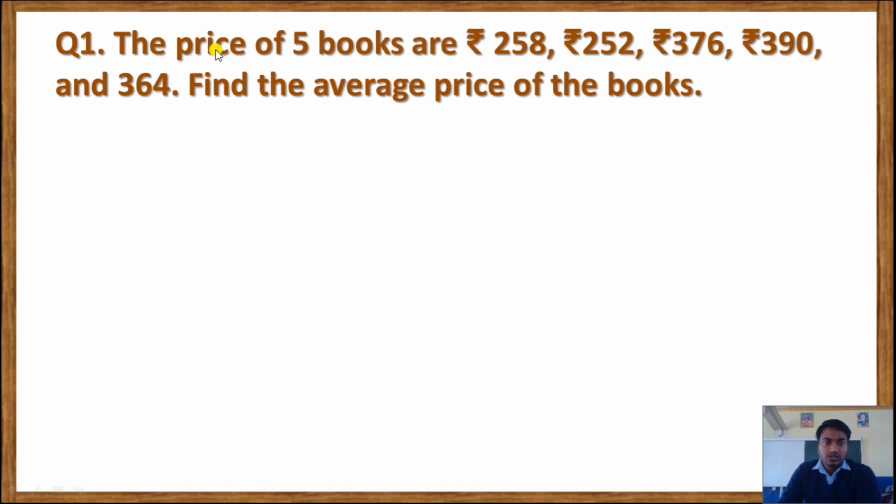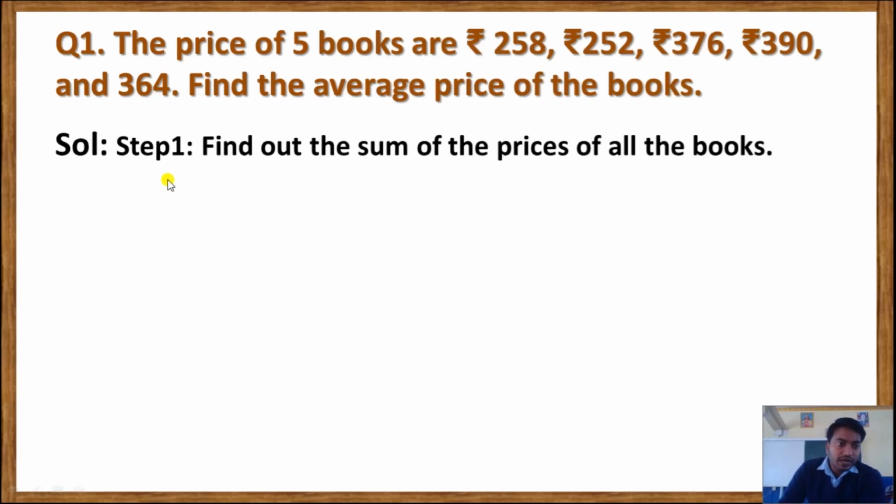So here we have the amounts for 5 books, and we have to find the average price of the book. You know very well step number 1: find the sum of the prices of all the books. We have to add them.